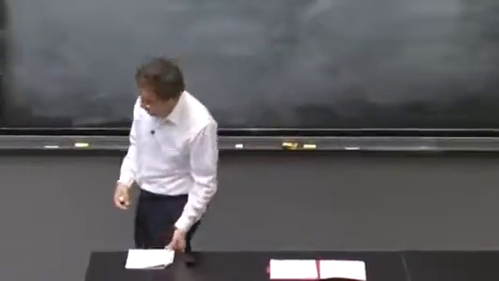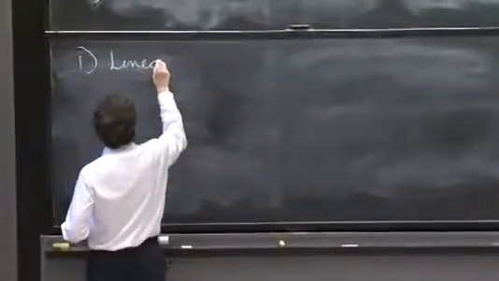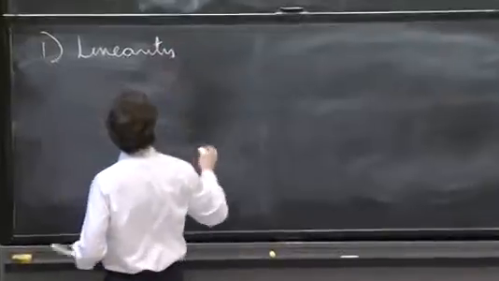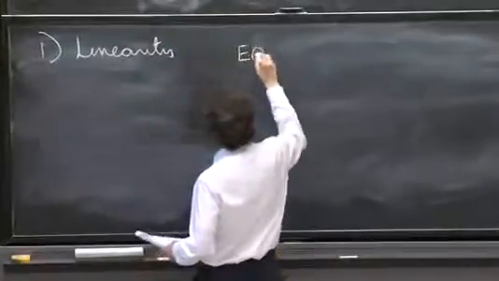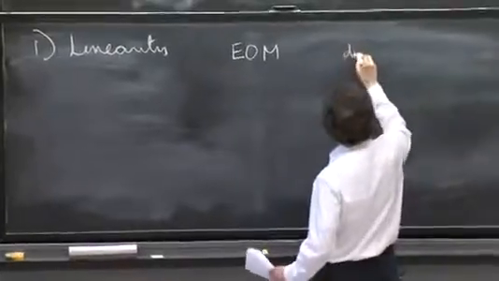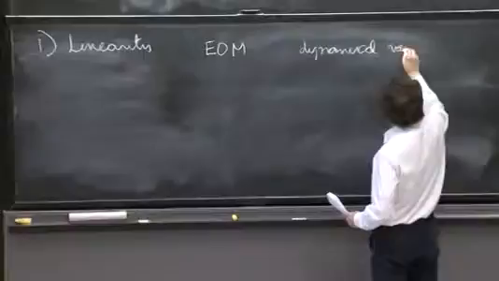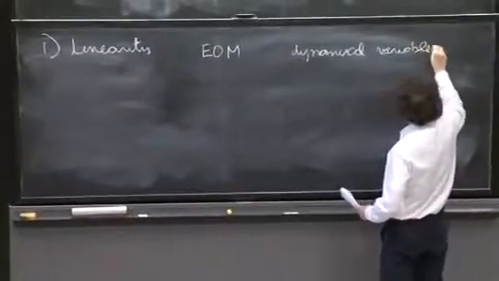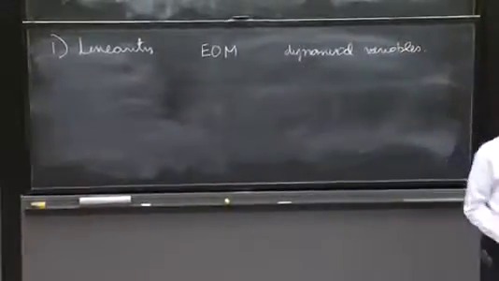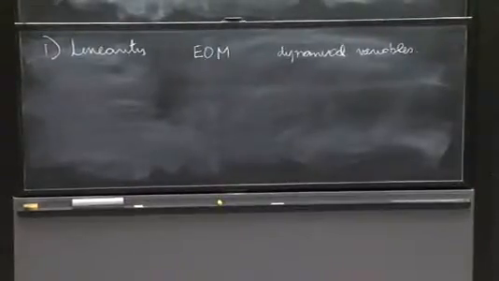So you have equations of motion, EOM, and you have dynamical variables. If you have a theory, you have some equations that you have solved for those dynamical variables.